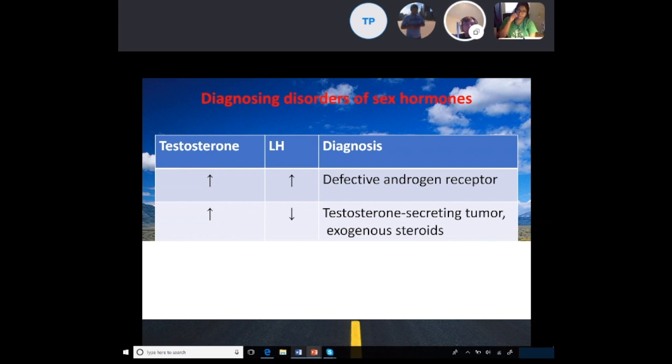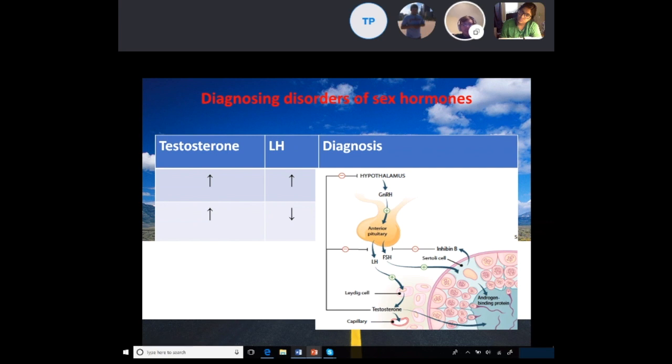If you have high testosterone and low LH, then your diagnosis is going to be a testosterone secreting tumor or exogenous steroids. And the reason for that is because if you have high testosterone being cranked out, LH is decreased, so we don't have LH, but we have a lot of testosterone. Sorry, I drew that wrong. So LH is decreased, but somehow we're still getting testosterone stimulated here, but it can't be coming from here.